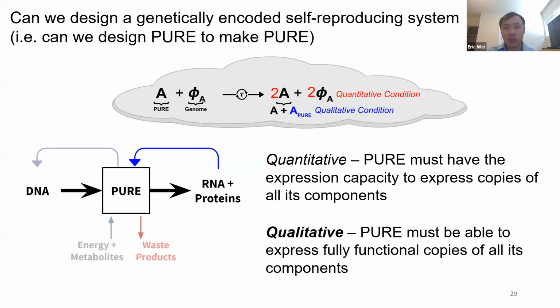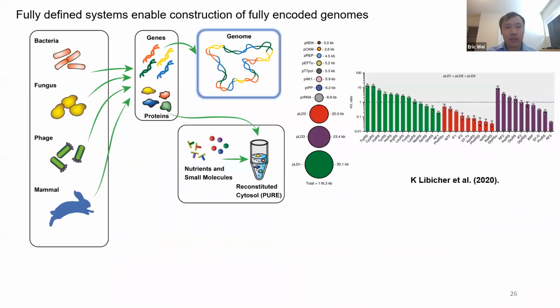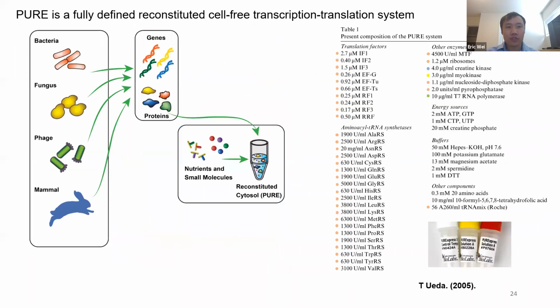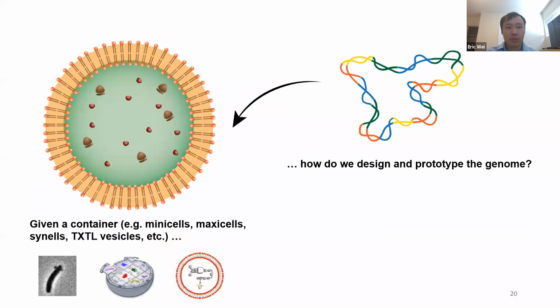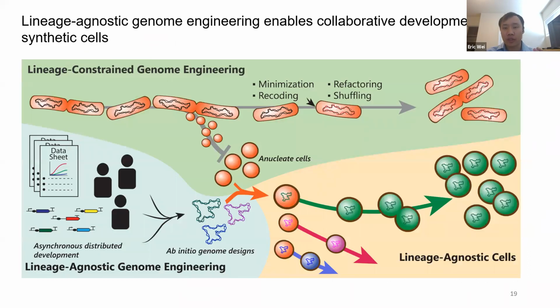That's a great question. I would say that in terms of minicells, or any sort of container that is derived from a natural cell, the minicells themselves are definitely lineage based.